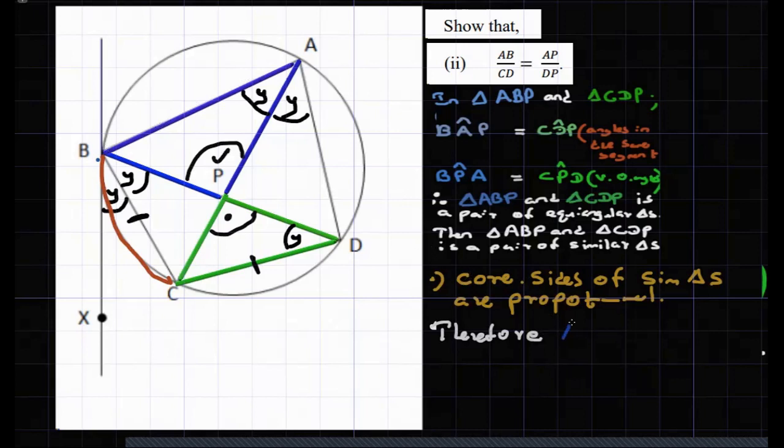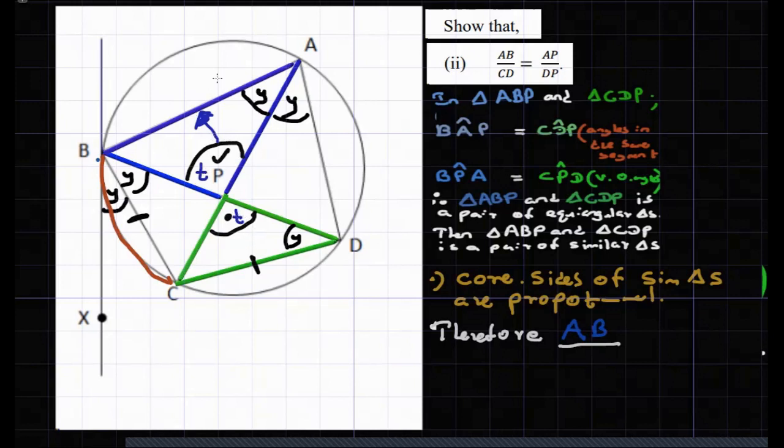AB is to, what's AB's corresponding side in the green triangle? Where is AB in the blue triangle? That's in front of this, right? The tick. And a while ago, we have proved that tick and the dot are equal. So for a while, we'll put a letter. If the tick is T, the dot is also T, right?